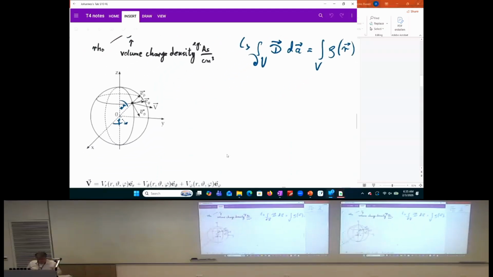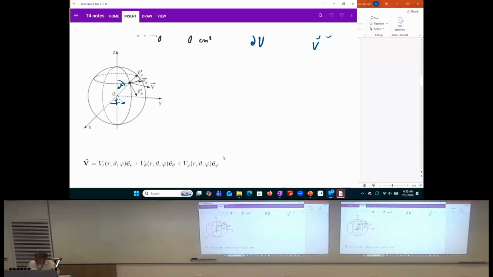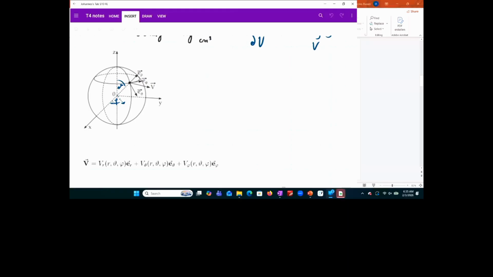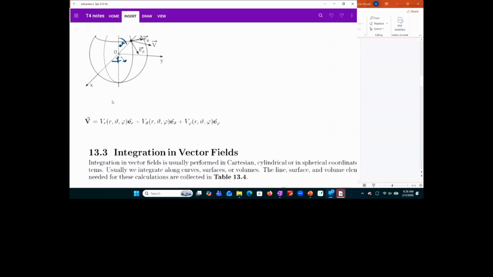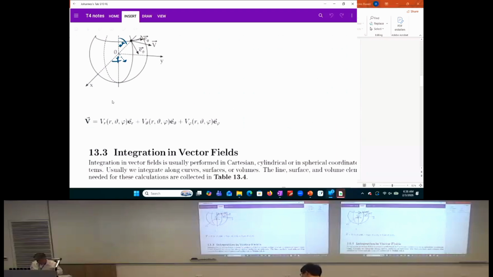Now, we assume that we have some charge distribution that varies, but it is spherically symmetrical. For that, we have also looked at the spherical coordinate system. If you express our electric flux density in spherical coordinates, we can write it like here.